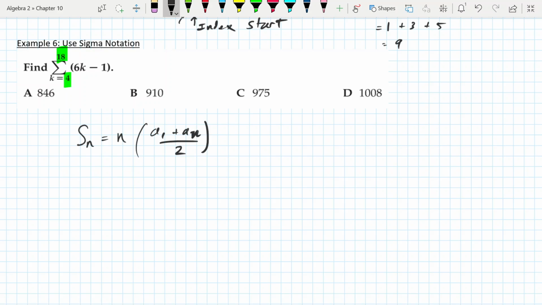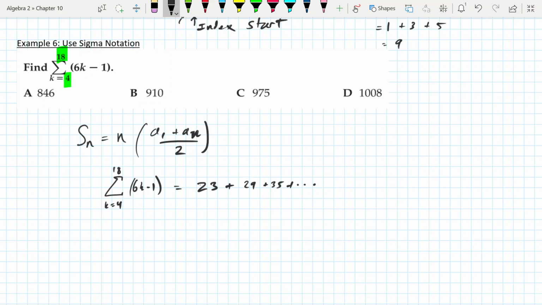Well, all I have to do is take my sigma notation, and it will take you some practice writing that down. 6k minus 1. I'm going to figure out the first couple terms. So I plug 4 in. 6 times 4 is 24, minus 1 is 23. Plus 6 times 5 is 30, minus 1 is 29. 6 times 6 is 36, minus 1 is 35. And that's good enough for now.